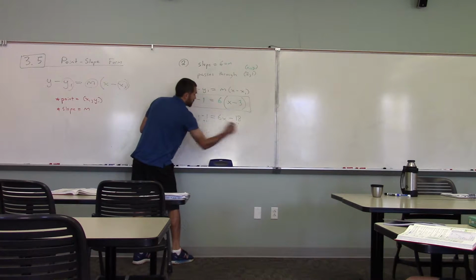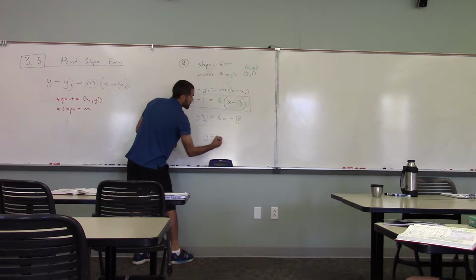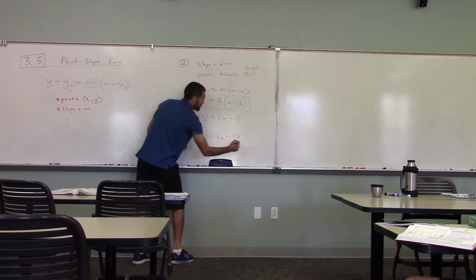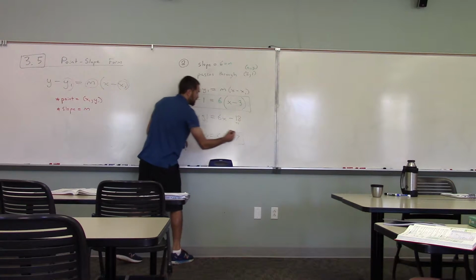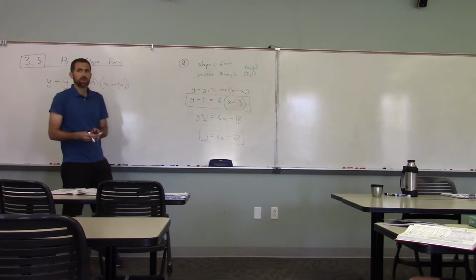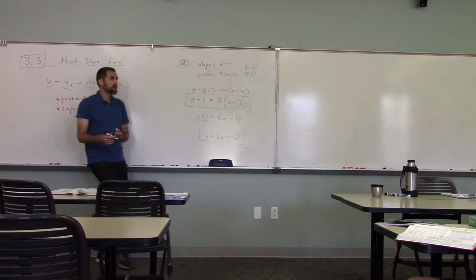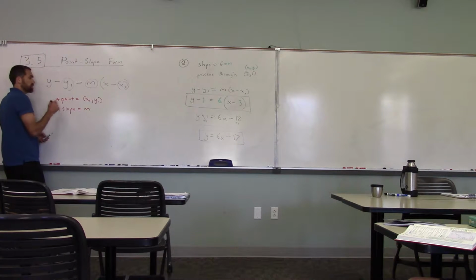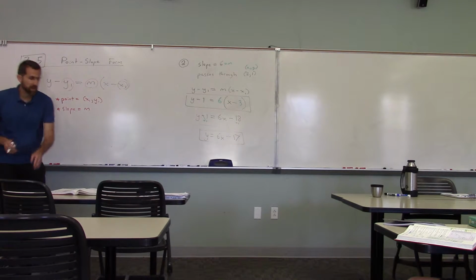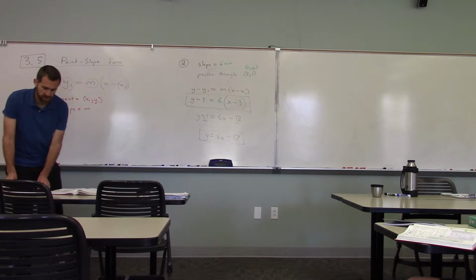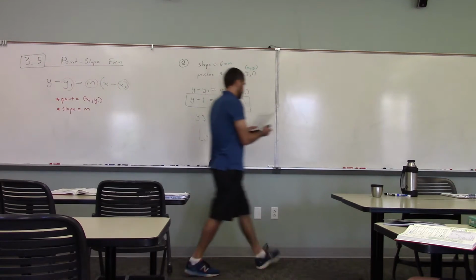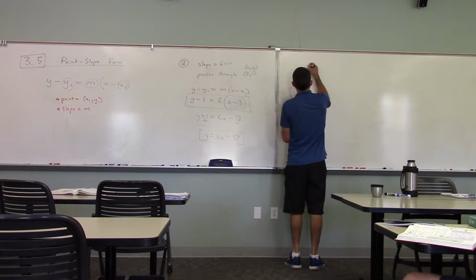So now we have y equals 6x minus 17. There we go. Okay, so direct application, you plug in the point you have, you plug in the slope you have. Okay, so just to write two things explicitly.